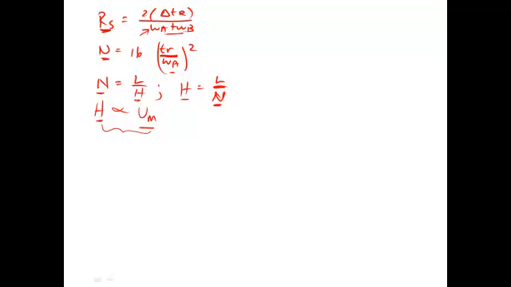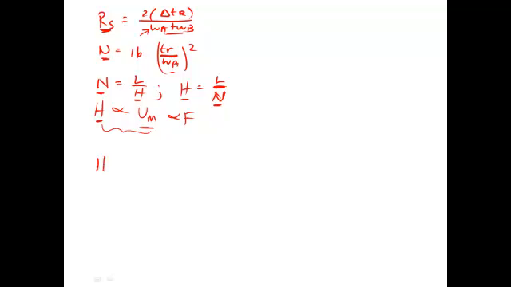So large plate count is good, small plate height is good. And so we're interested in knowing the relationship between the plate height and the mobile phase velocity because that's proportional to the flow rate. And the higher the flow rate is, the more quickly the separation happens.